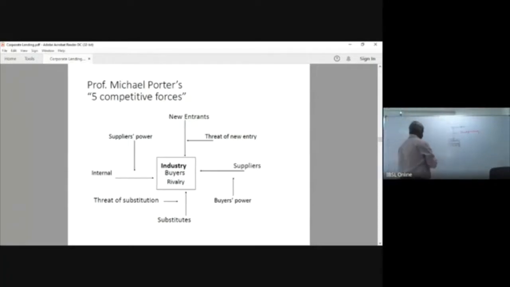Then another force, suppliers. Another force, suppliers.